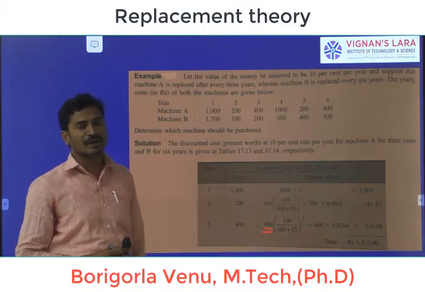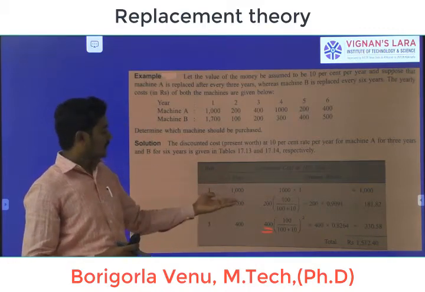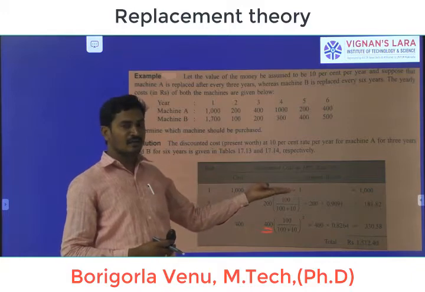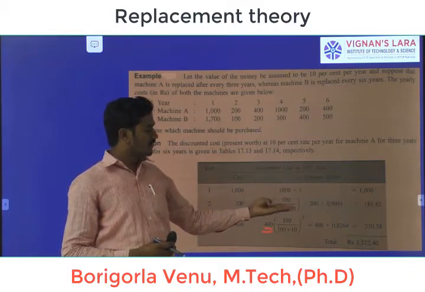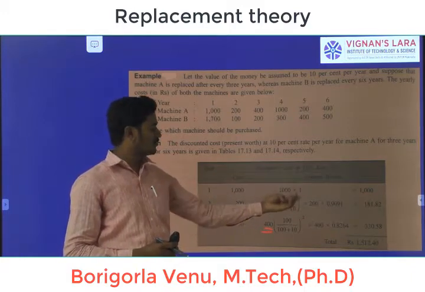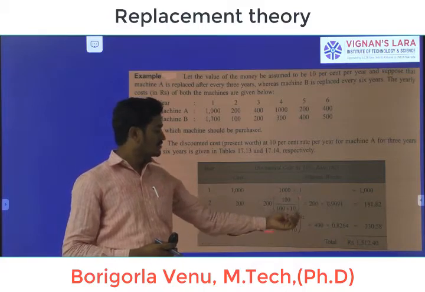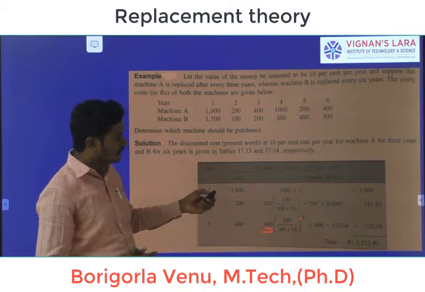At first, initially, we don't add any worth factor. Next, for the second one, we add one worth factor, so n is 1. Here n is taken as 2. Okay, this is for machine A.